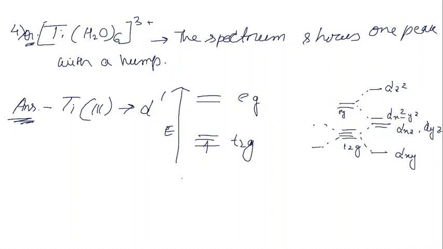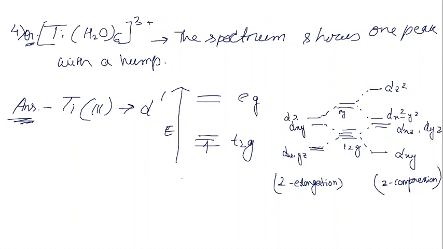Now in case of elongation, it will be opposite, meaning the orbitals having the z component will be stabilized. dxy will be destabilized, dz square will be stabilized, dx square minus y square will be destabilized.